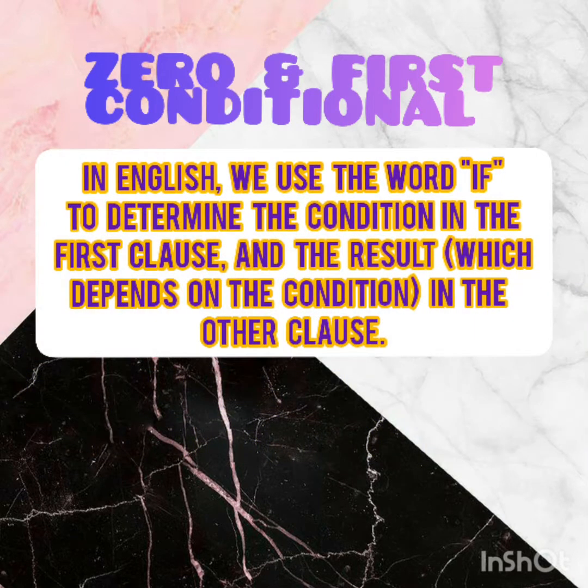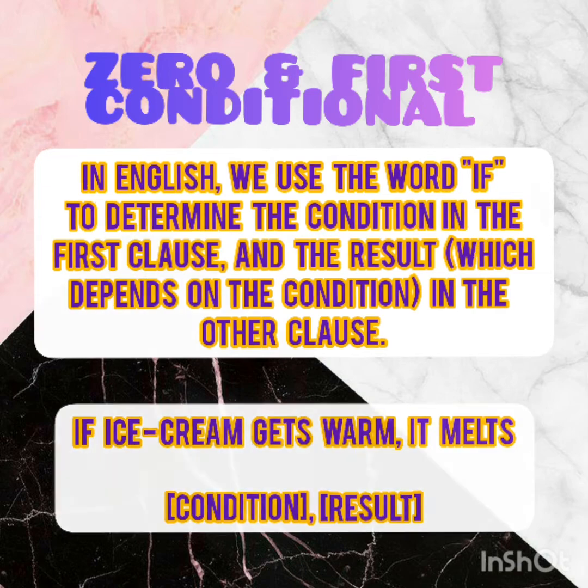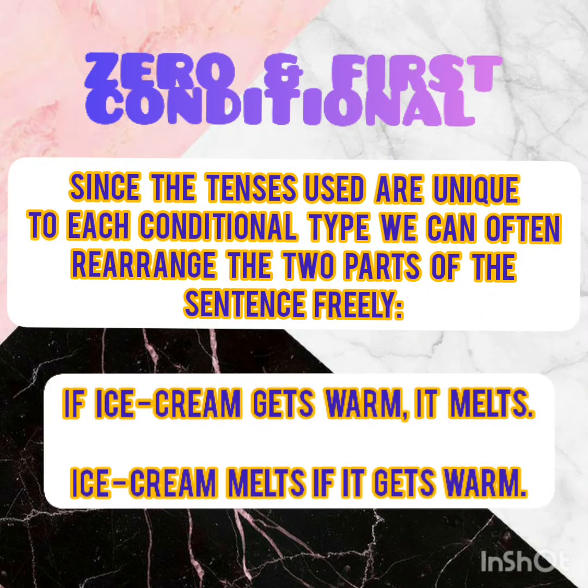In English, we use the word if to introduce the condition in one clause and the result in the other clause. Since the tenses used are unique to each conditional type, we can change the order of the two parts of the sentence freely.